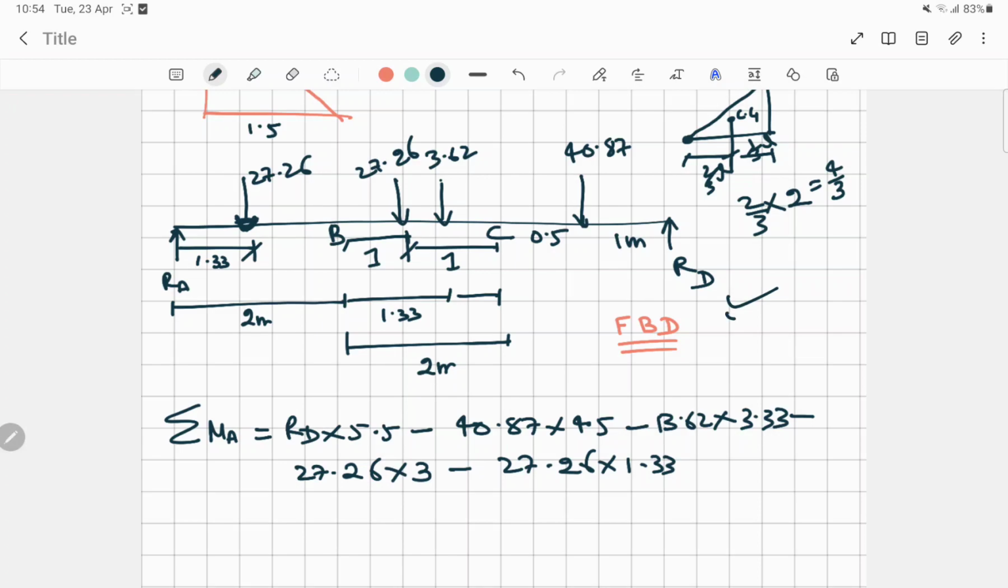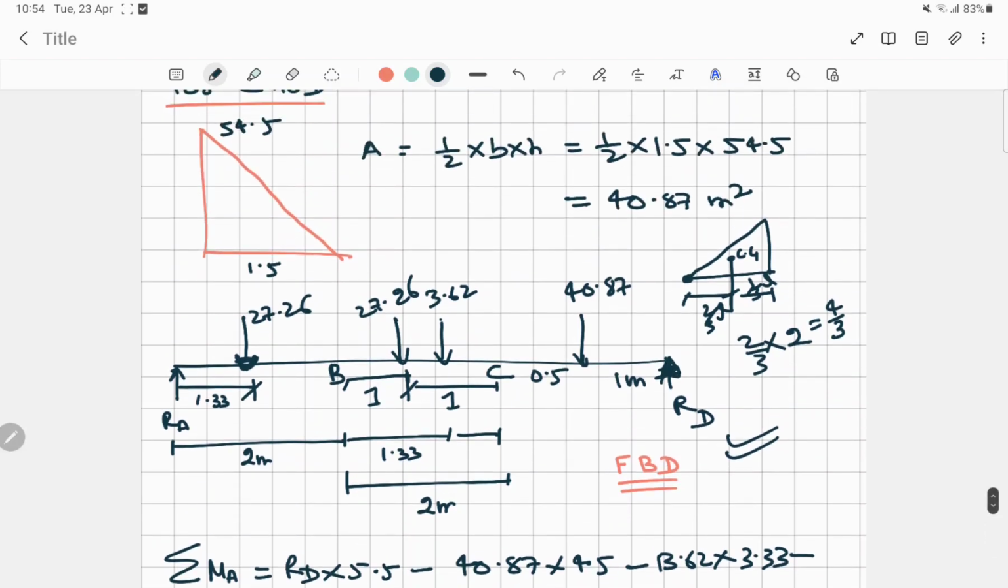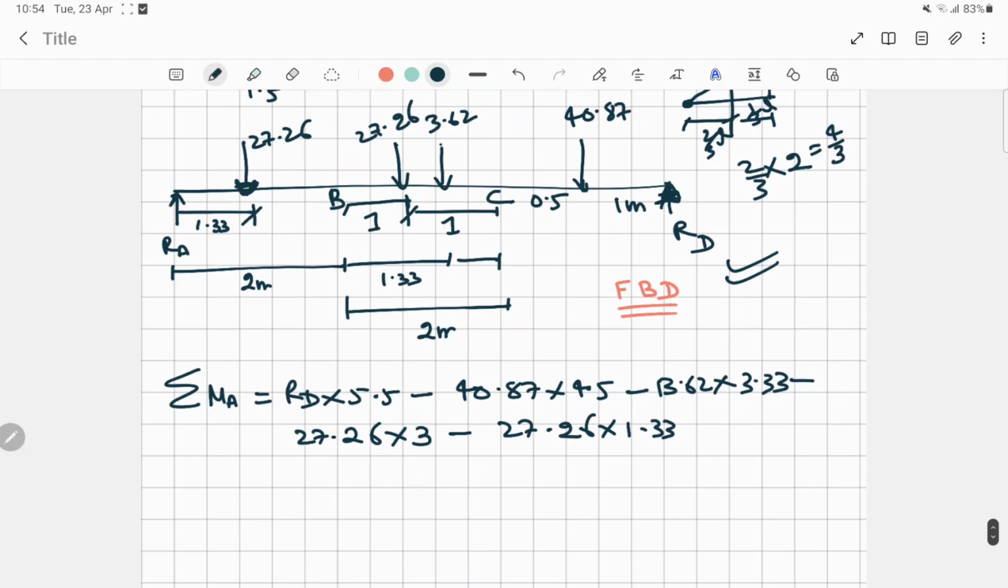See, this is the free body diagram, and we have to find the RD value. RD will be different because it's a final free body diagram. If we take the summation of all the moments at A, this force will cover a distance of 5.5 to reach this point, right?